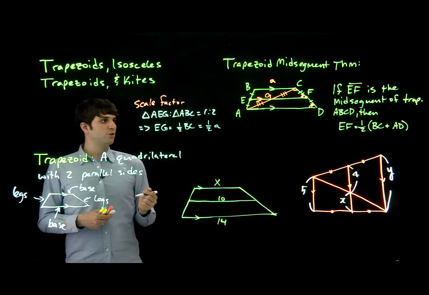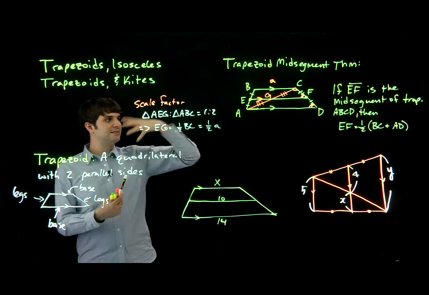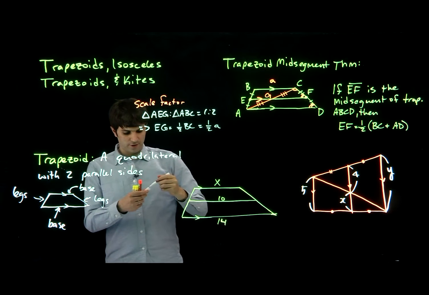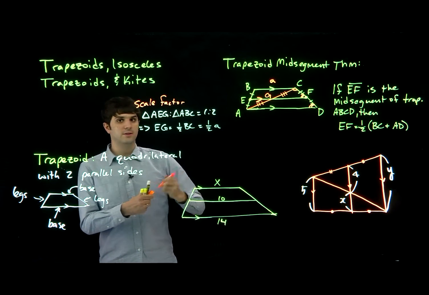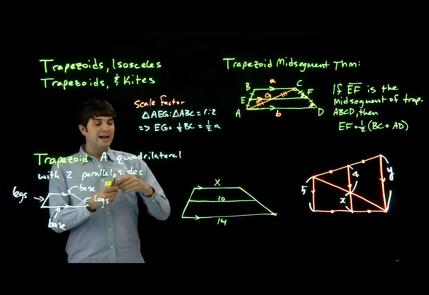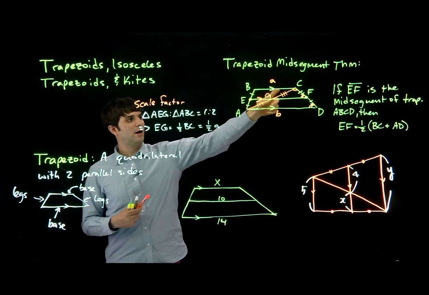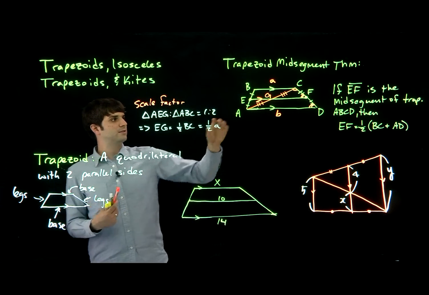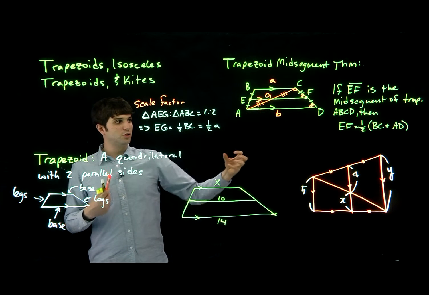Okay, so by the exact same argument, let's call this distance B. By the same logic, these two triangles are similar, so their sides are proportional, and it's a ratio of 1 to 2.